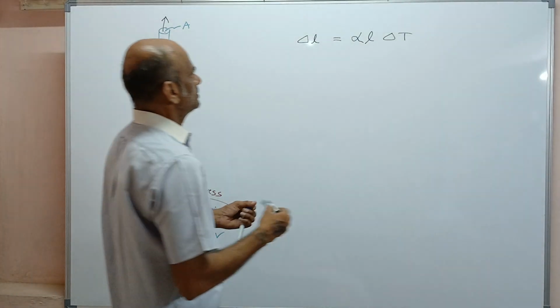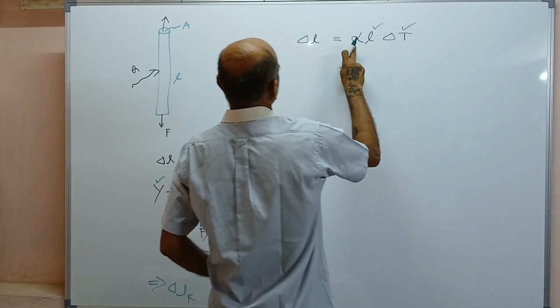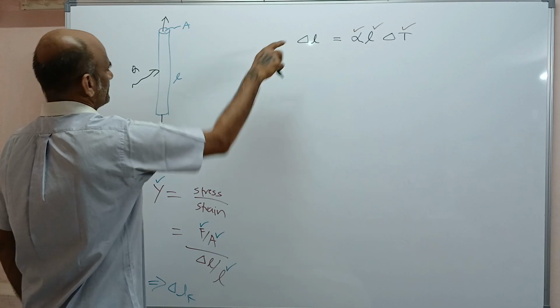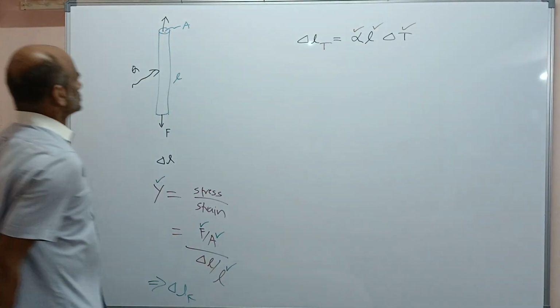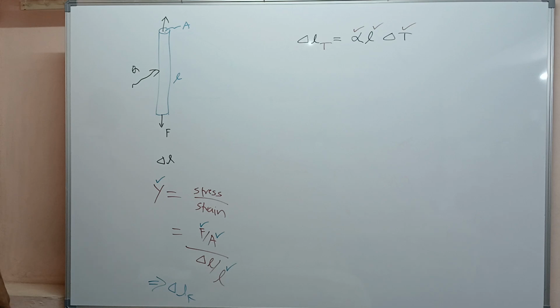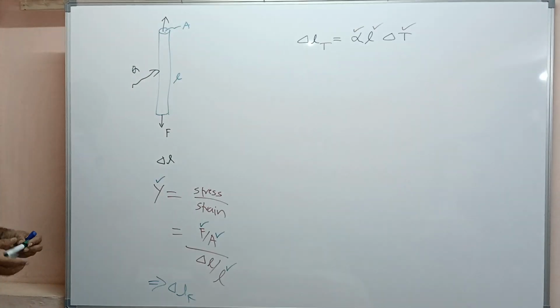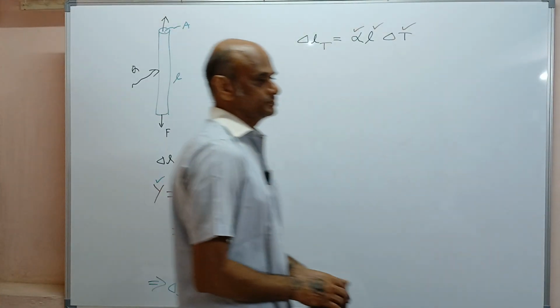So the length of the rod is known and the amount of temperature rise should be known, and this is a material property. Since the rod is of known material, alpha is known. From this I can find delta L due to the thermal expansion. So when these two effects are present, the total change in the length is the sum of these two changes. So with this understanding, we can solve the question.